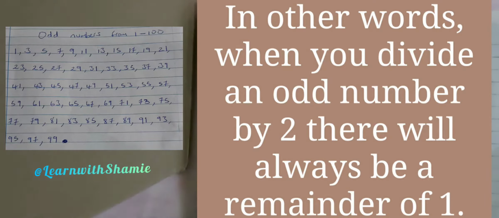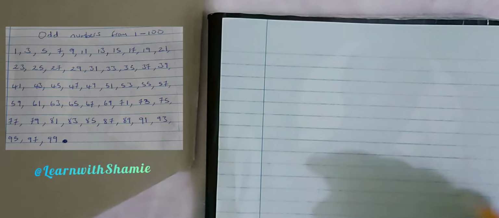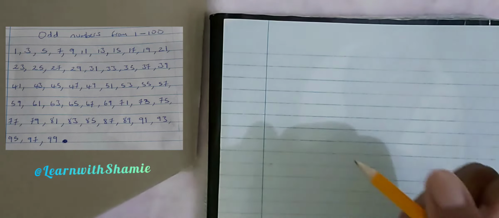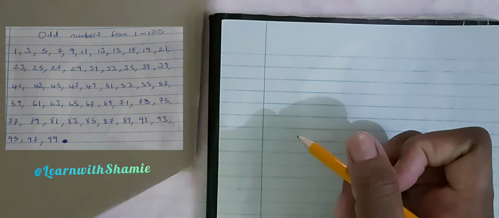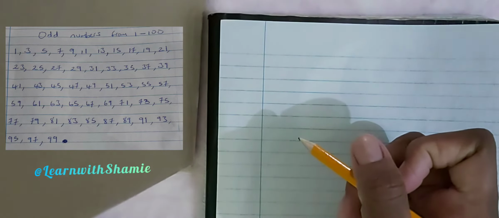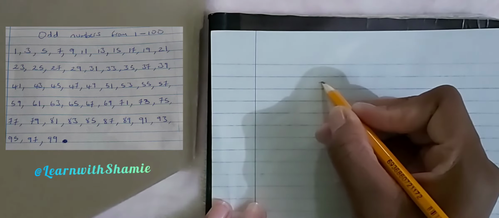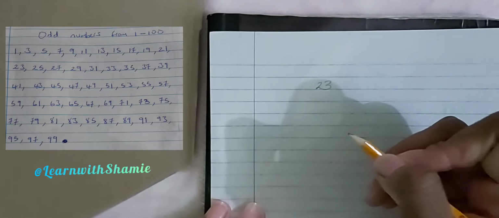I'm going to show you an example of that. So we're going to choose an odd number from the list, let's use 23.